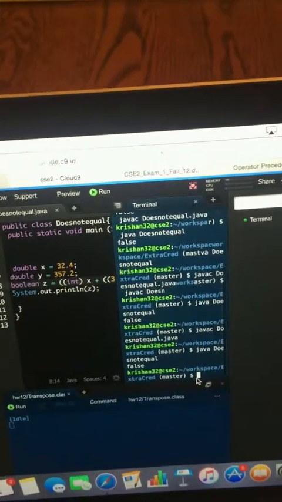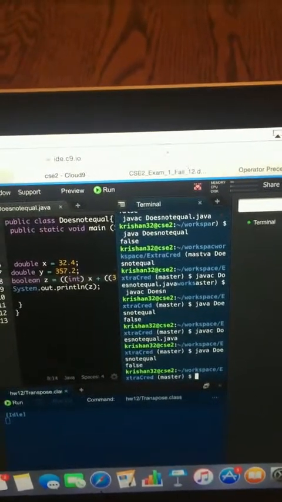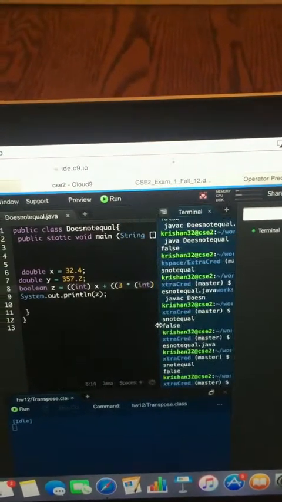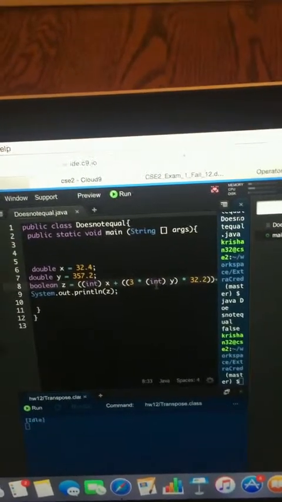So there we go. This is me running the program. And we get false. So the parentheses did reflect the order of operations. And here is the final. This is what you would write onto your test.